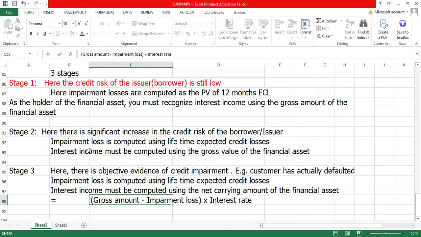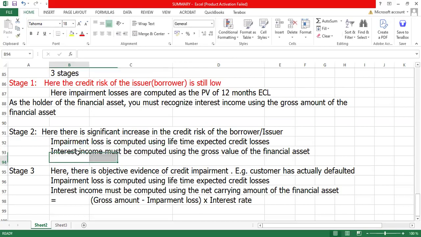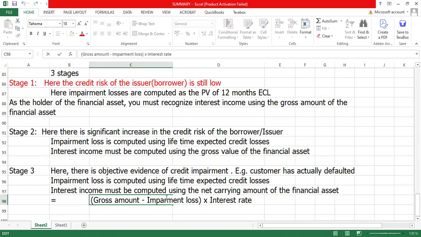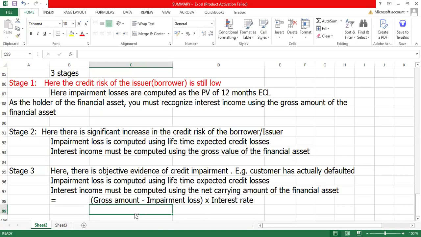In the earlier stages, you determine the interest income simply basing on the gross amount. But for stage number 3, you get that gross amount, then you remove the impairment.